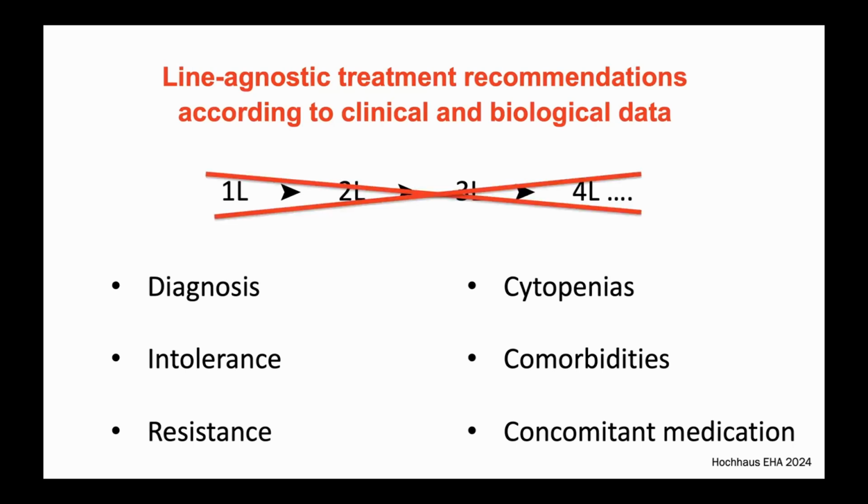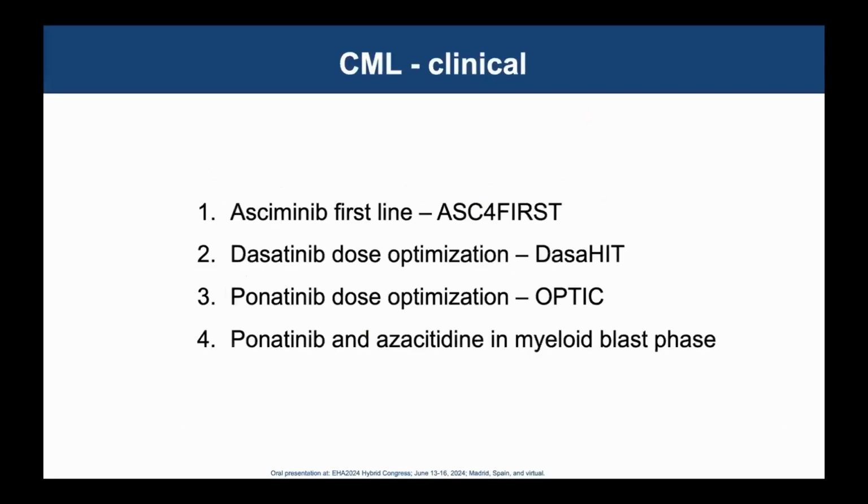And I recommend to avoid lines, to go more for the biology of the disease and look at the specific grading of intolerance, to look at the specific resistance profile, and to select the drug which is most likely favorable for this specific situation. But the lines are still in the package inserts and are still in the label, but we should focus more on biology.